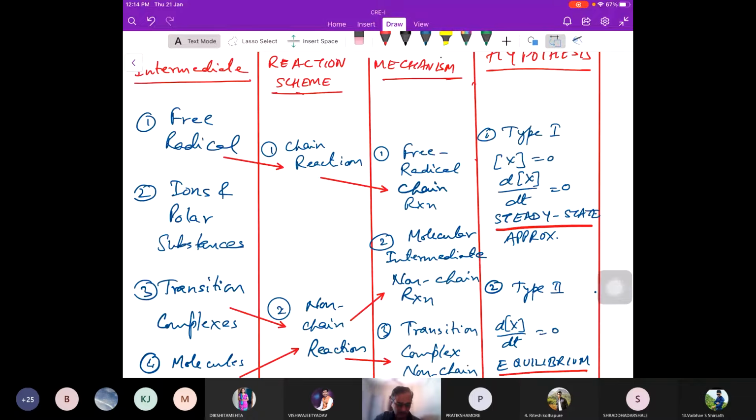Why it doesn't have chain reaction, I don't know. Maybe for chain reaction you need free radicals. That may be the requirement, that a chain reaction needs free radicals. A transition complex does not give a chain reaction. Theoretical basis I don't know, but this is just an observation that with free radicals you'll always have a chain reaction, and in these two cases you'll have non-chain reaction.